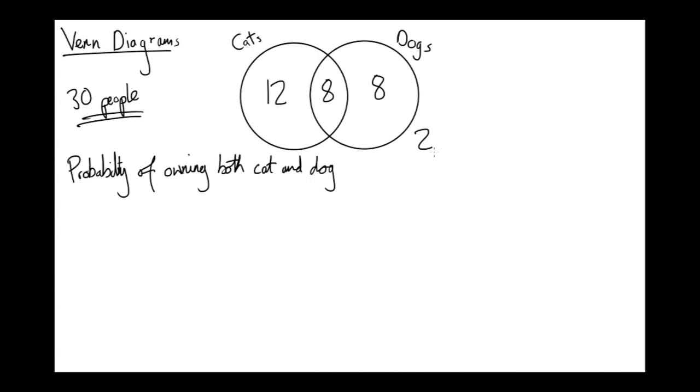So find where it is on the diagram. Owning both a cat and a dog, that's 8. What's the total number of people? 30. So the probability of that is 8 over 30. I could say what's the probability of owning just a cat?